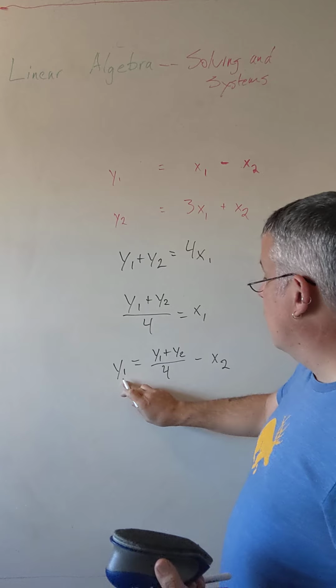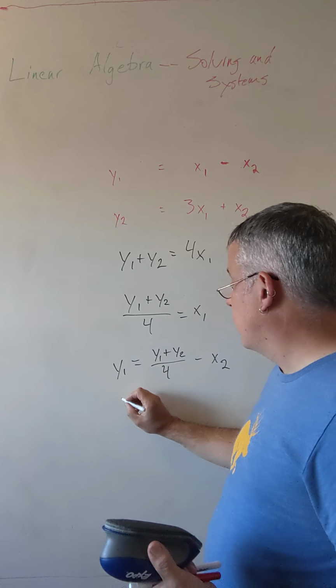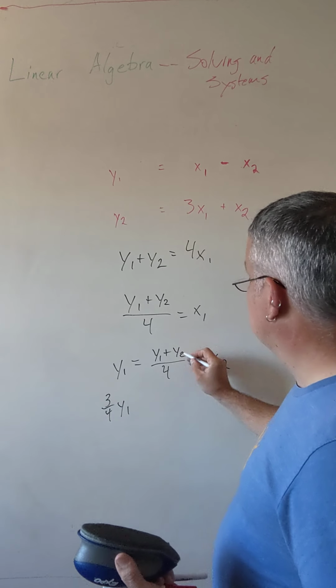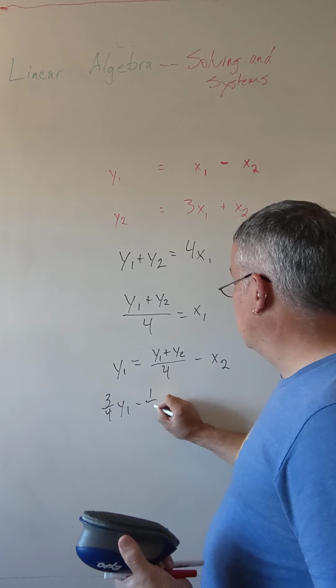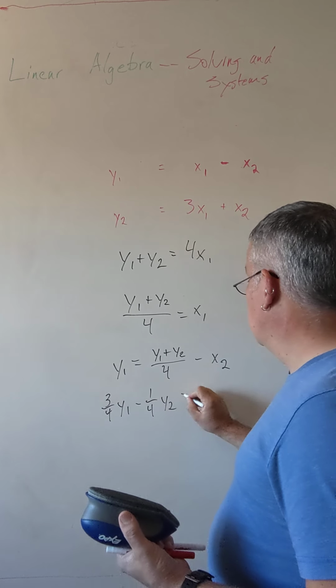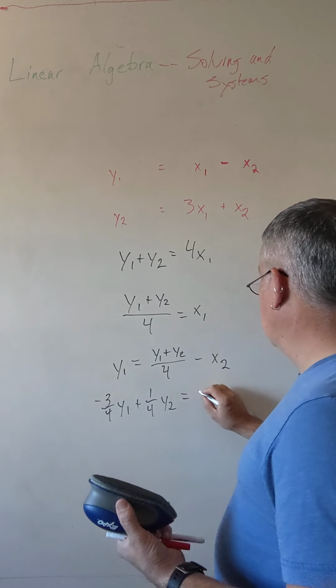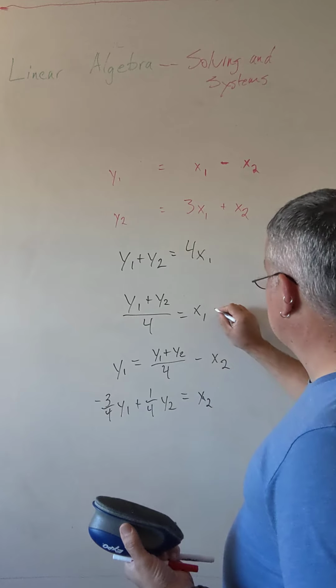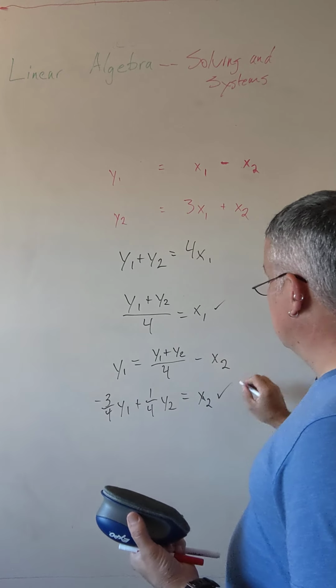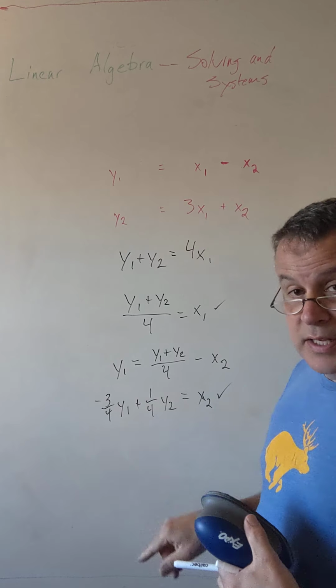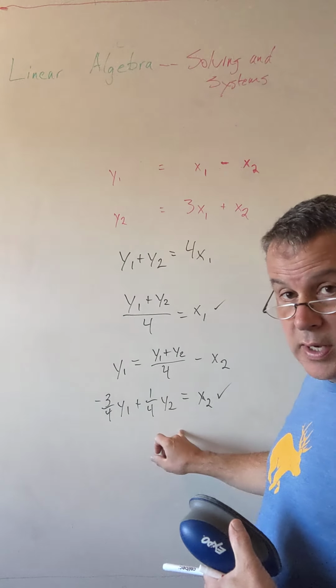We have 1 minus 1/4 y1, so we have 3/4 y1 minus 1/4 y2 equals minus x2. But let's flip the signs to get x2. So here's our solution for x1, and here's our solution for x2. This will be the solution for any y1 and y2 we want.